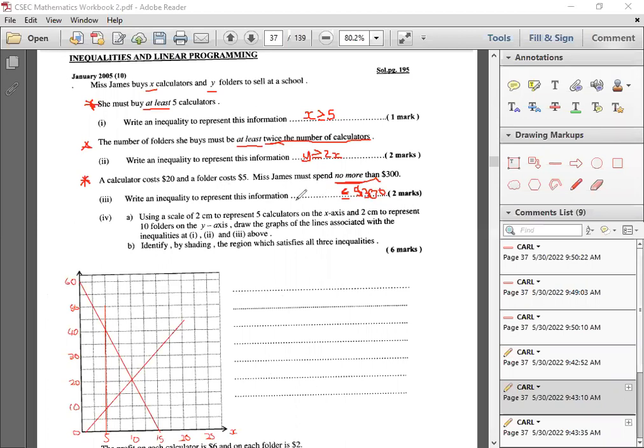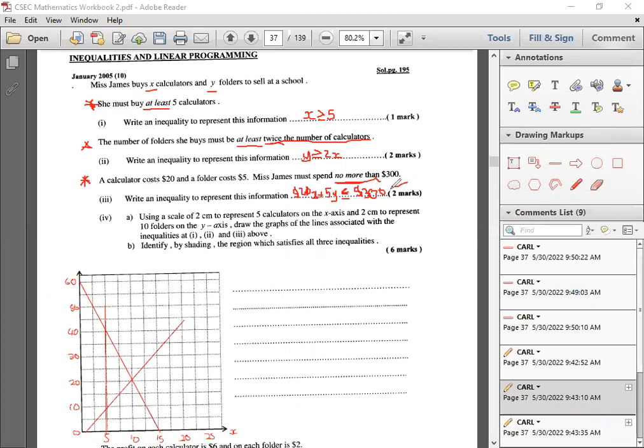And so 20x plus 5y is less than or equal to 300. All right, but this can be simplified.